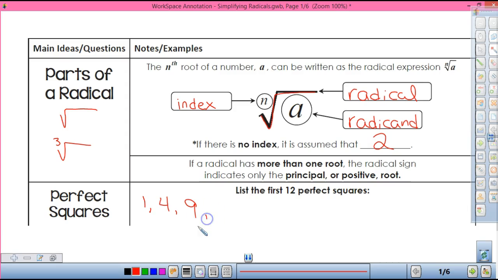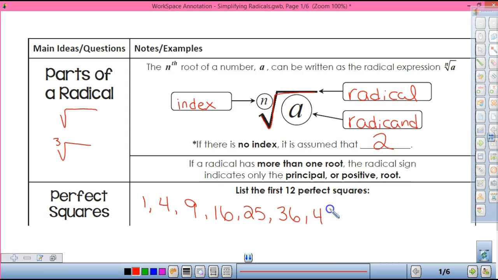Next one, 16. 4 squared gives us 16, so the square root of 16 is 4. What's next? 25. The square root of 25 is 5. What's next? 36. The square root of 36 is 6.